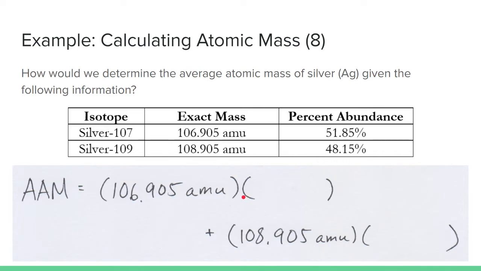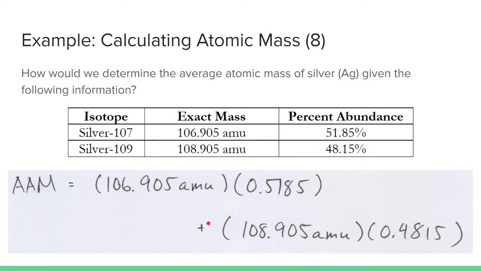The very first thing that I do is I take each mass of each isotope and I prepare to multiply it by the decimal version of each one of these percentages. When I find the product of each one of those masses times the percent abundance as a decimal, I add them together to get a sum.